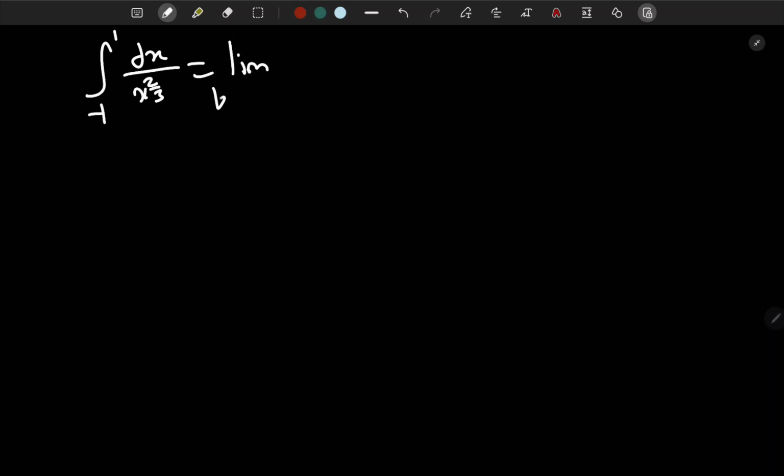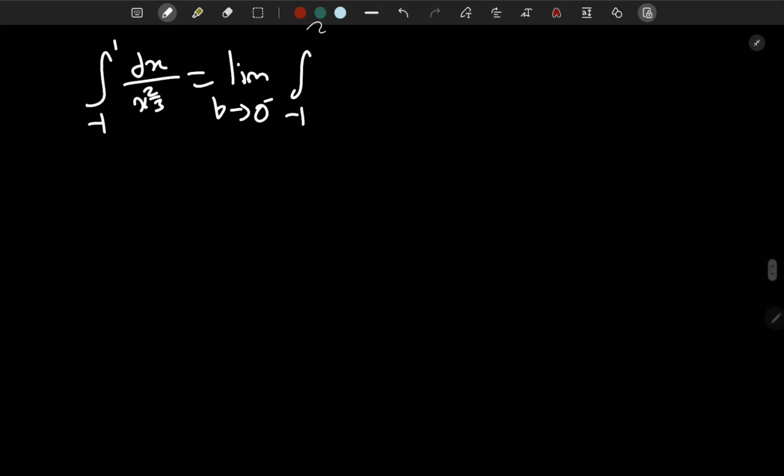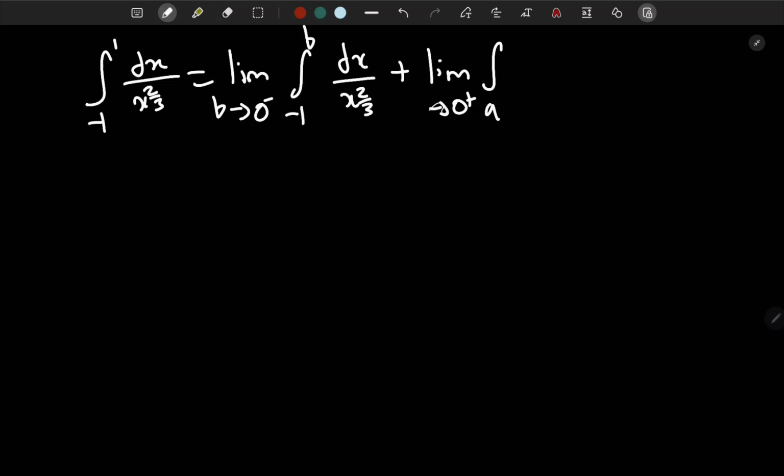Limit b approaching 0 minus, and it's going to be negative 1 to b first, dx over x to the 2 over 3, plus the limit a approaching 0 plus this time from a to 1.